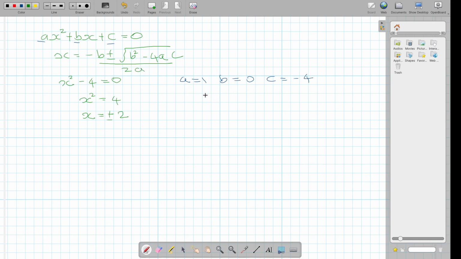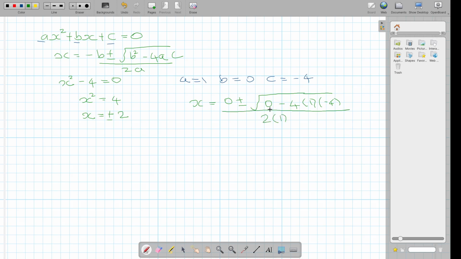Okay, so now if we plug into the formula, I get x equals minus b, which is 0, plus or minus the square root of b squared minus 4ac. b is 0, a is 1, and c is negative 4, divided by 2a, where a is 1.